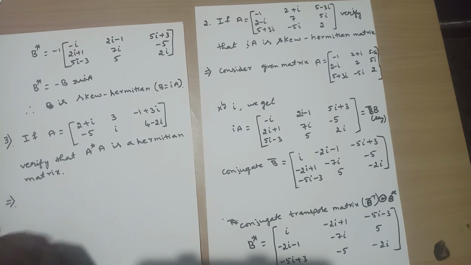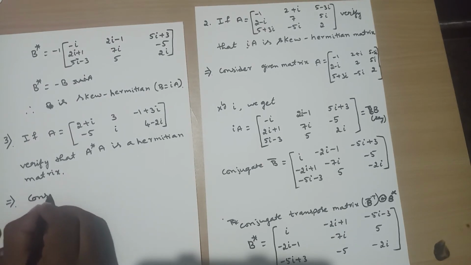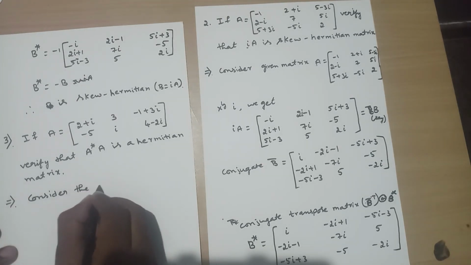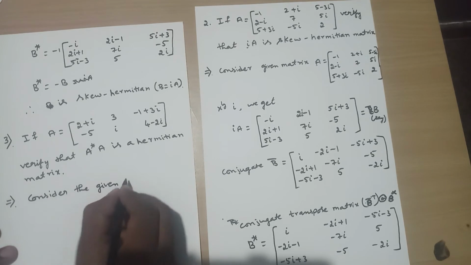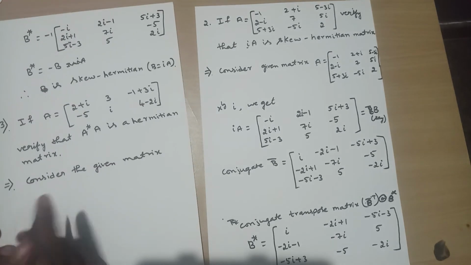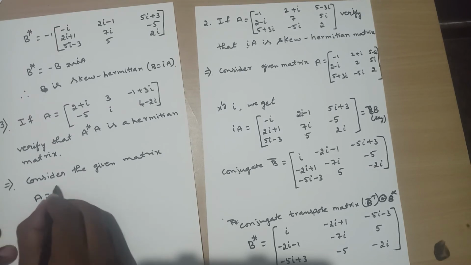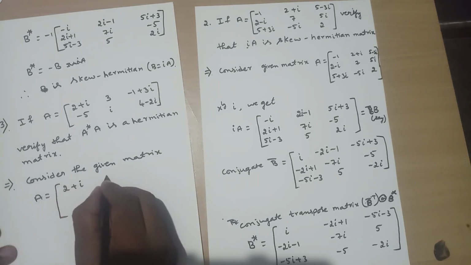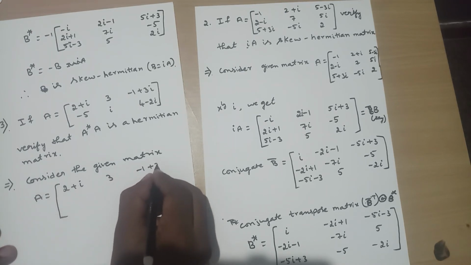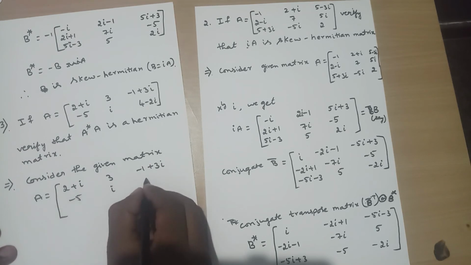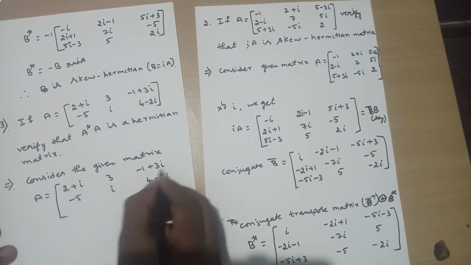So solution. So what is the given? Consider the given matrix A equals, what do you get here? 2 plus I, 3, minus 1 plus 3i, minus 5i, 4 minus 2i.